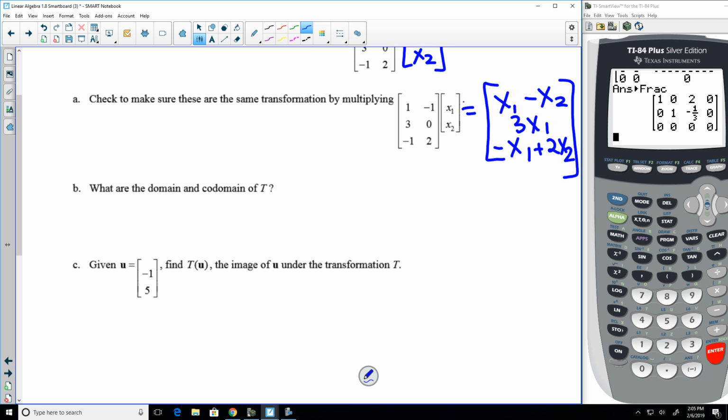So what is the domain and codomain of T? T is the transformation. The domain is the set of vectors that we can plug in. So what kind of vectors can we plug in? What size are they? R2.